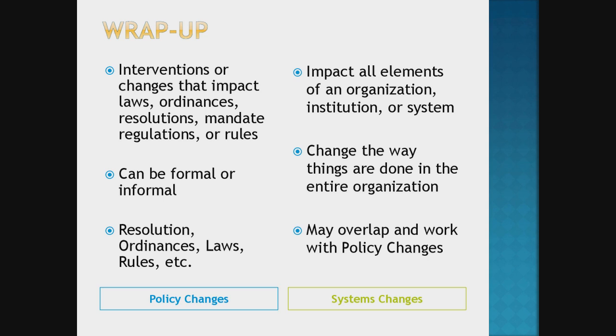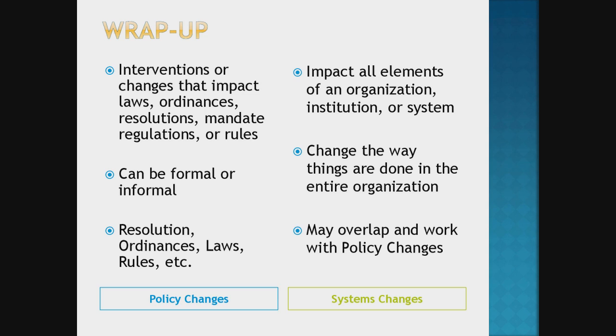Systems changes impact all elements of an organization, institution, or system. So this could be a school, a police department, a business, a nonprofit organization, etc. And system changes change the way things are done throughout the entire system, and often they change the infrastructure of an organization.